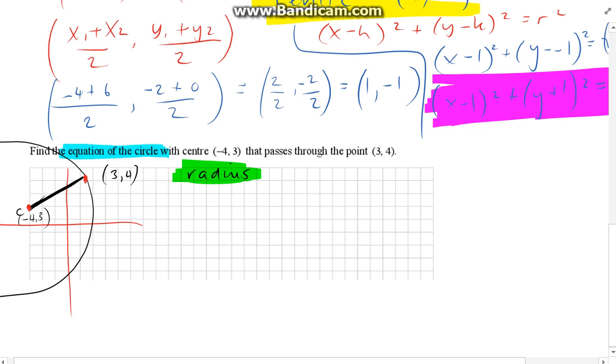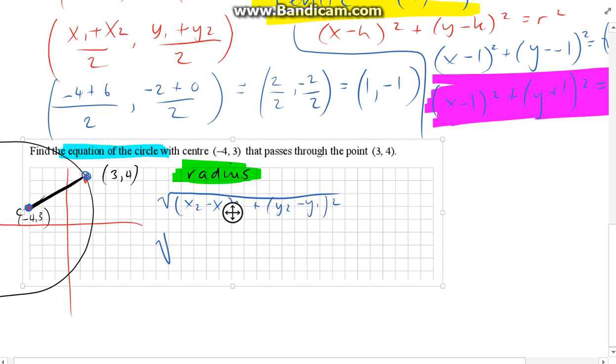So the distance from that centre point to that point in the circle is going to be our radius. So we'll have the square root of x2 minus x1 all squared plus y2 minus y1 all squared. So let's label our points: x1, y1, x2, y2.